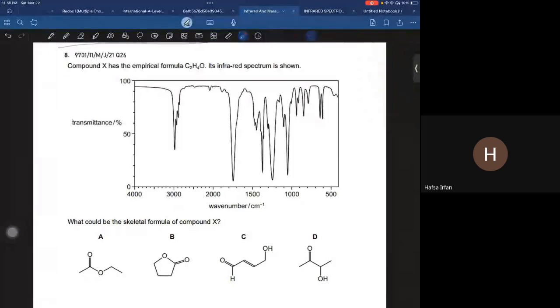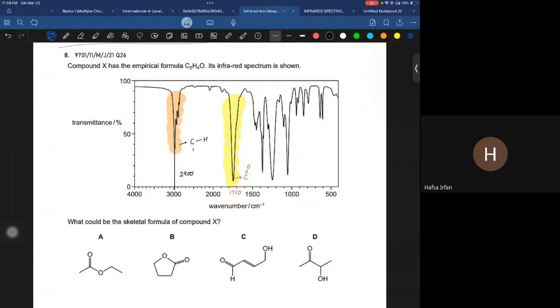So this peak first is due to the carbonyl peak at 1710, and this peak is at around 2900. So this peak is due to carbon and hydrogen bond.